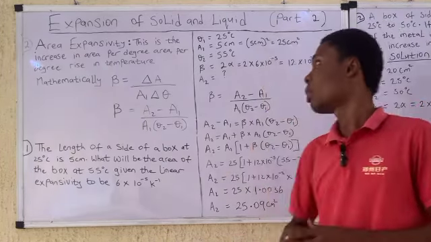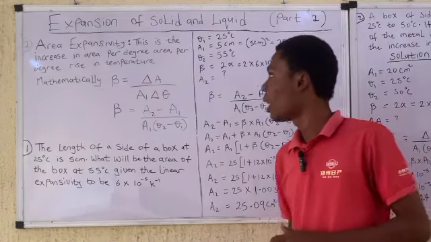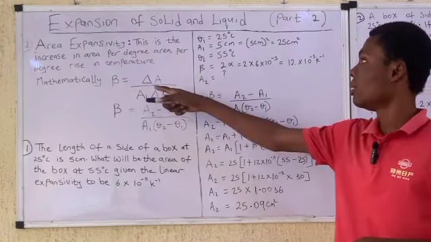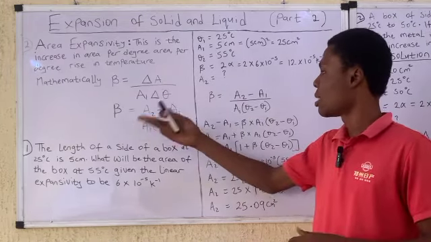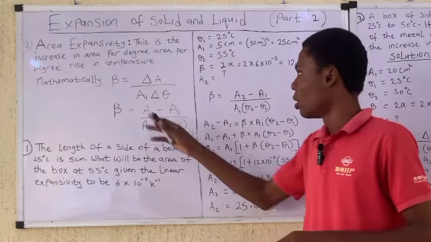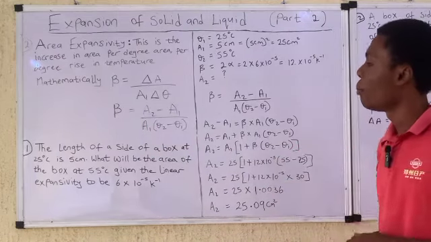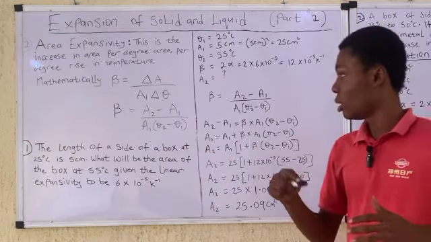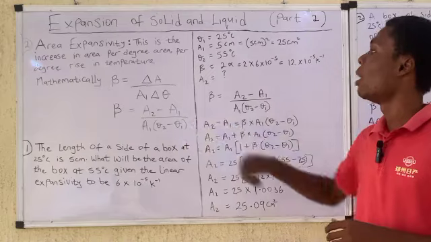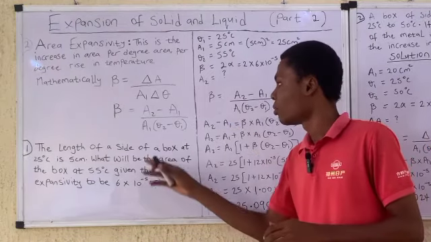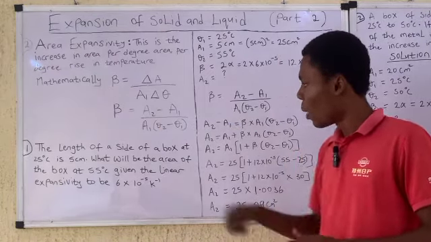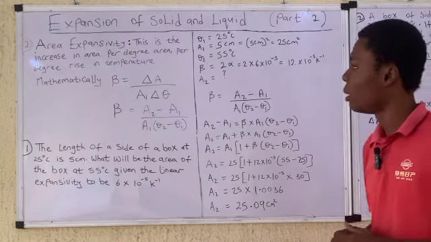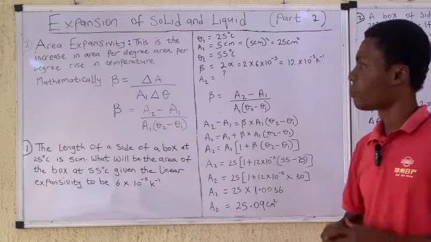The area expansivity is denoted by the symbol beta, and it has the formula change in area over area times change in temperature, where the change in area is A2 minus A1, while the change in temperature is theta2 minus theta1, where A2 represents the final area, A1 represents the initial area, theta2 represents the temperature at A2, while theta1 represents the temperature at A1.